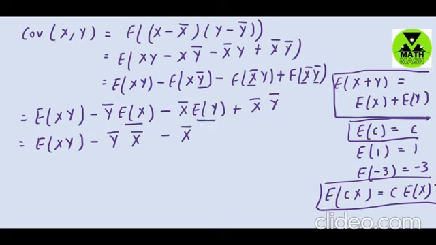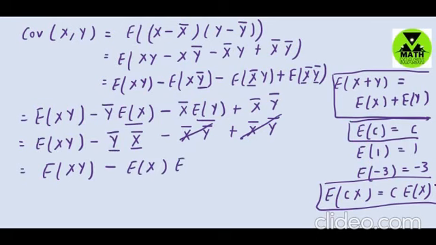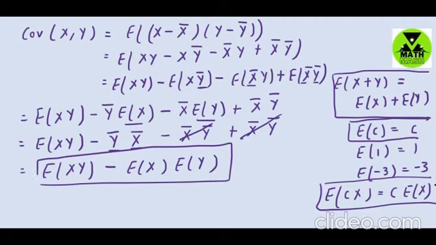What is expected value of y? The mean, so this is y bar, plus x bar y bar. Now cancel these two terms and we are left with expected value of xy minus x bar, which is expected value of x, and y bar, which is expected value of y. So this is the computational formula for the covariance, how to compute the covariance between x and y.